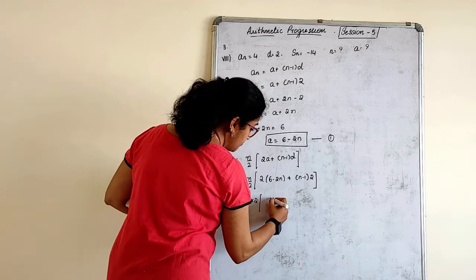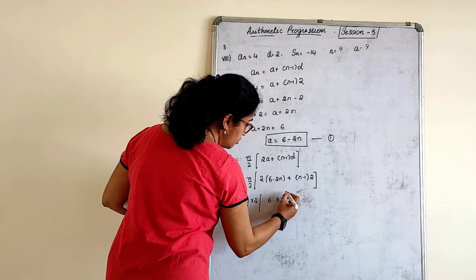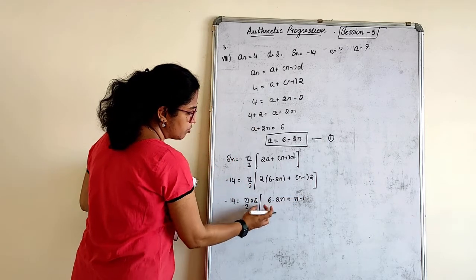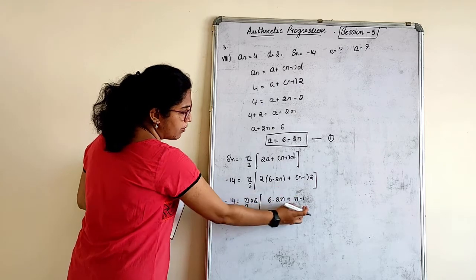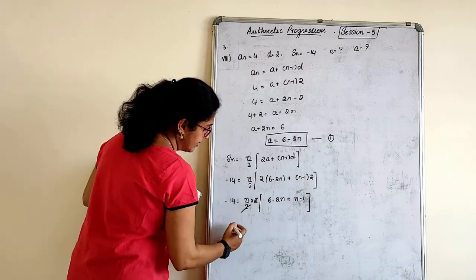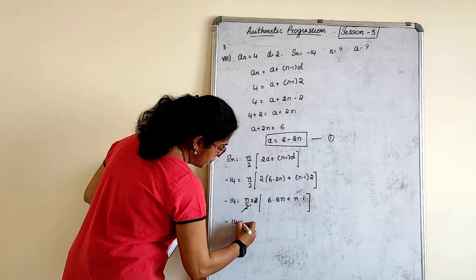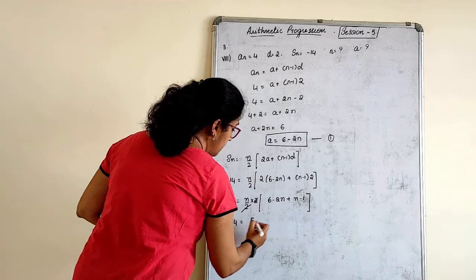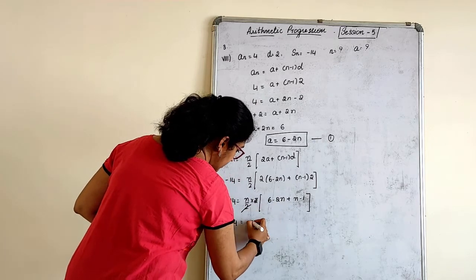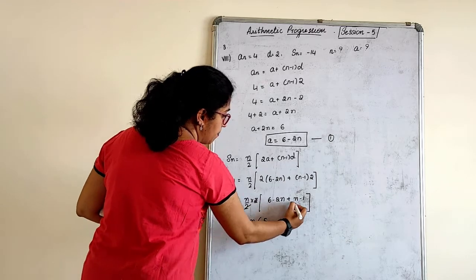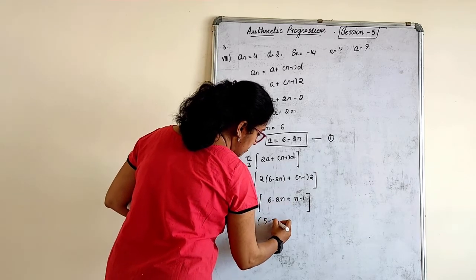What will remain? 6 minus 2n plus n minus 1. 2 into this is 2 of n minus 1, where 2 and 2 will get cancelled. Minus 14 is equal to 6 minus 1 is 5. Once again, n is there here. Minus 2n plus n is minus n.